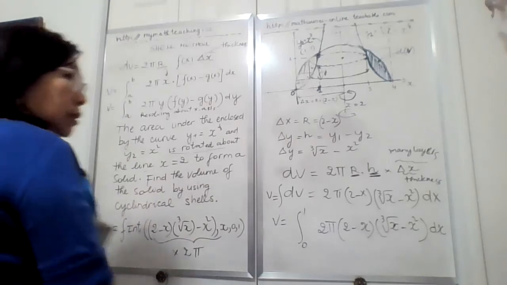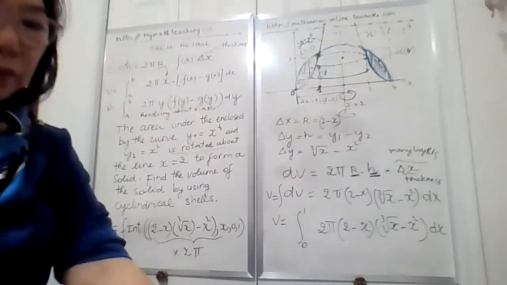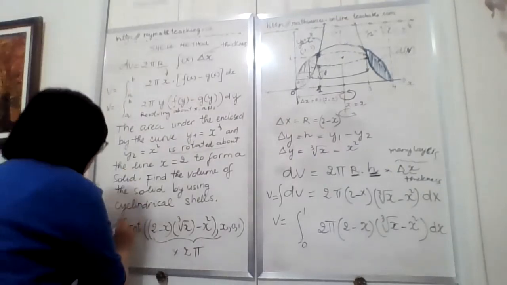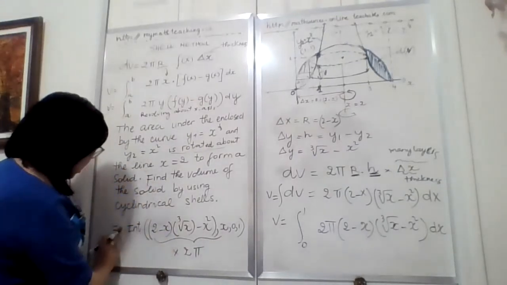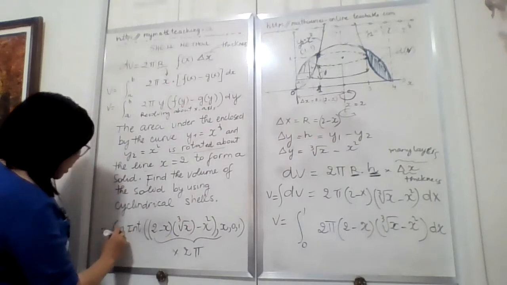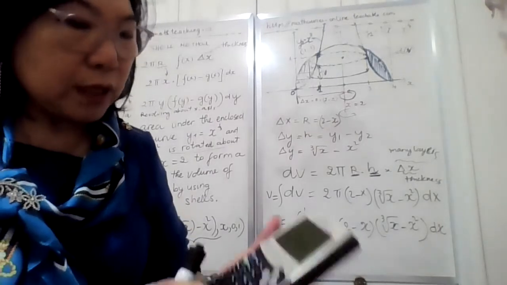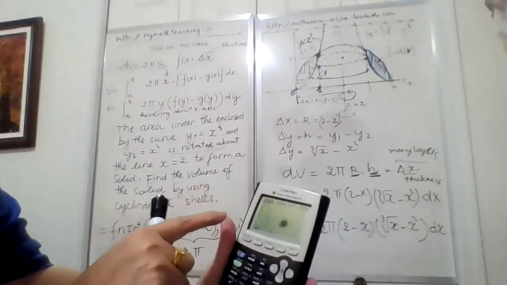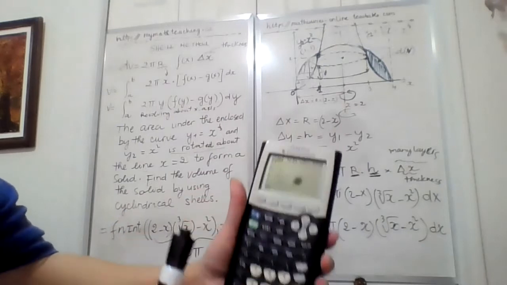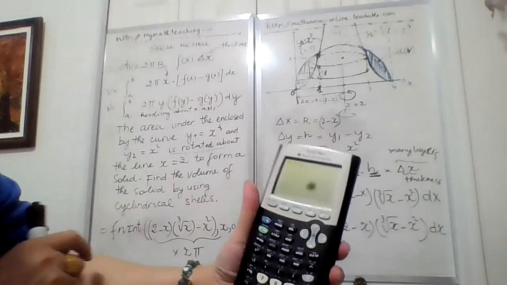There is an n here. So fn represents the function, Int represents the integral. So that's the name of the program, right? So number 9, I'm going to hit there and enter it.